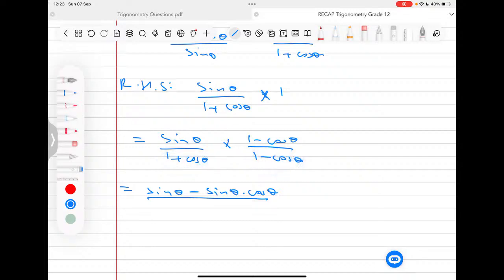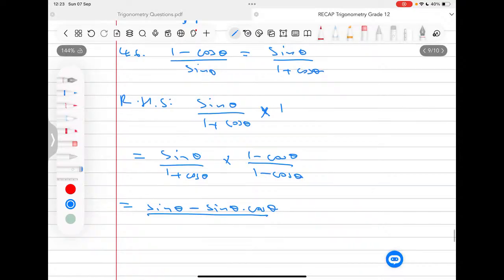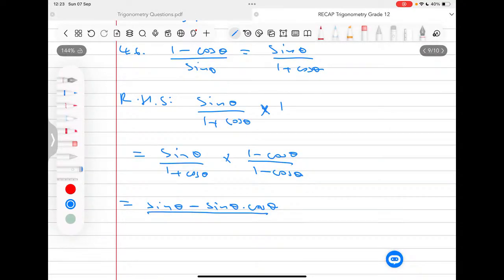Now here at the bottom, we then have a difference of 2 squares. Do you see that this is a difference of 2 squares? Okay, let's do this.